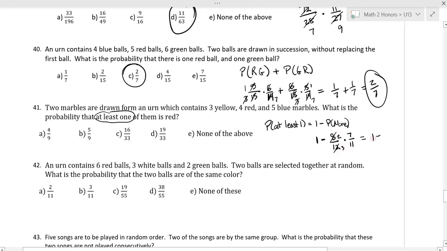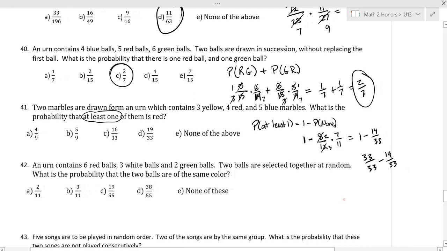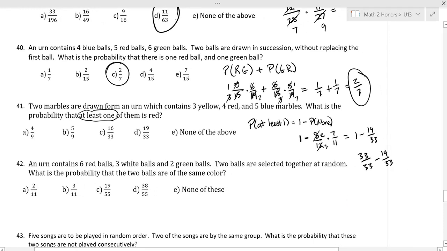So I get 1 minus 14 out of 33. 1 is 33 out of 33. And 33 minus 14 is going to be 19 out of 33.